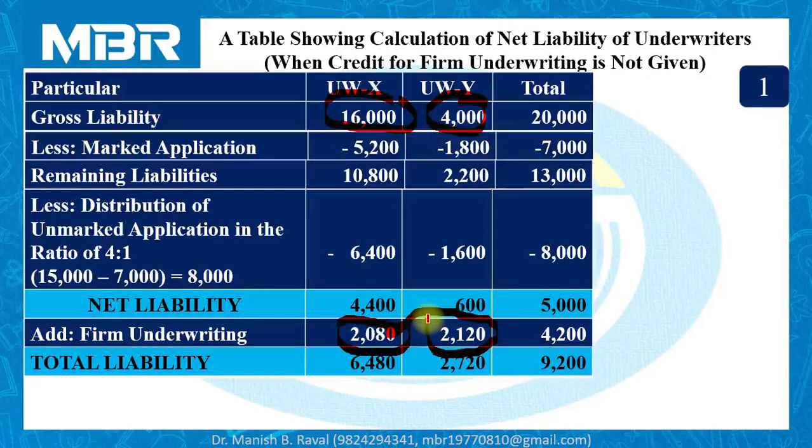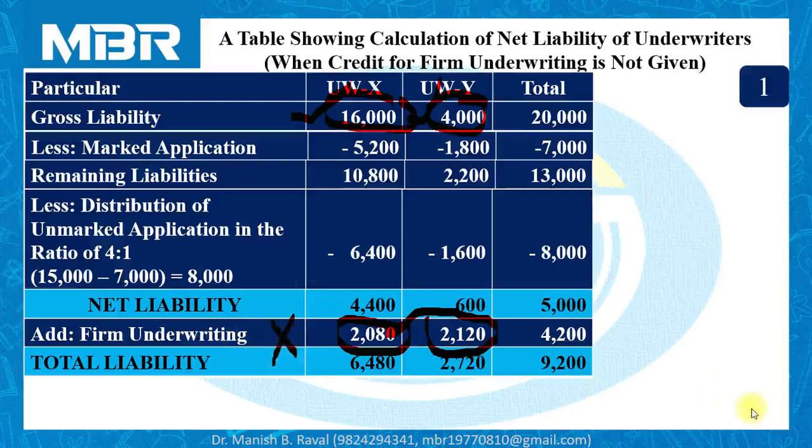I repeat, on firm underwriting, the underwriters are not entitled to receive the underwriting commission. Underwriting commission will be calculated on gross liability, that is on general underwriting only. Commission on firm underwriting is not applicable.